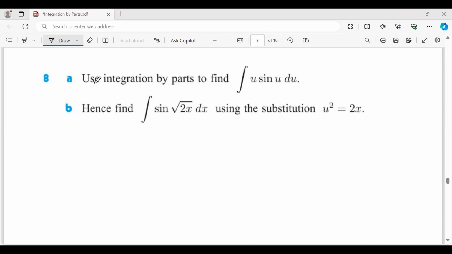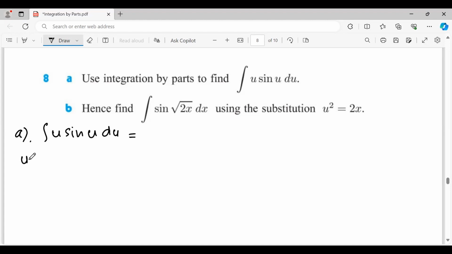Question eight: use integration by parts to find the integral of u sine u du. After that, find the integral of sine square root 2x dx using the substitution u squared equals 2x. Okay, the integral of u sine u du.